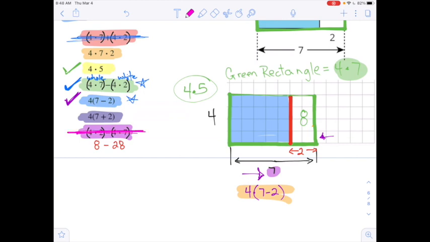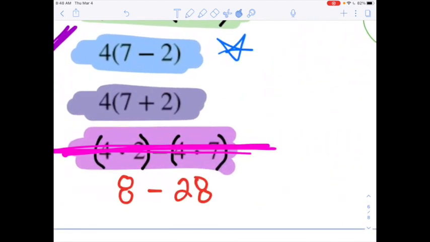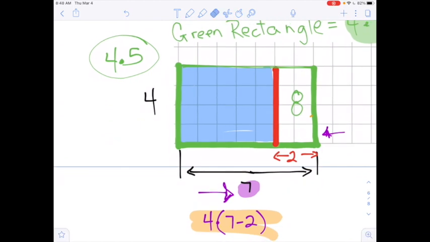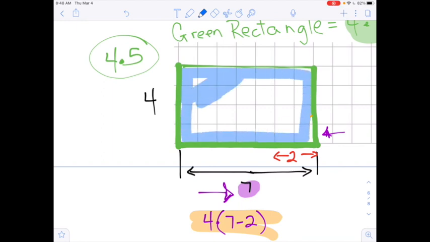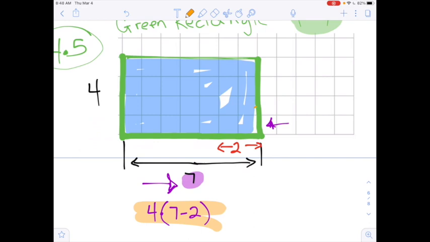Okay, there's 2 left. There's the orange one, and there's that kind of indigo one. That one says 4 times 7 plus 2. Ooh, 4 times 7 plus 2. So let's take a look at where the 4 times 7 is. 4 times 7 would mean this whole rectangle, right? But if it's 7 plus 2, that means down on the bottom here, I'd need to add 2 more.